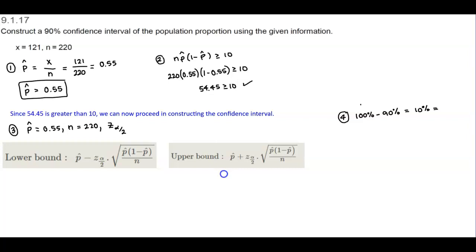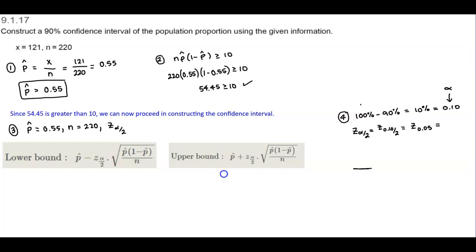That gives us 0.10 for alpha. So z alpha divided by 2 is z of 0.10 divided by 2, which becomes z of the area to the right of 0.05.